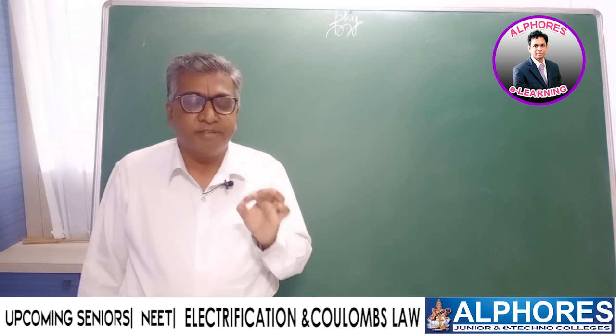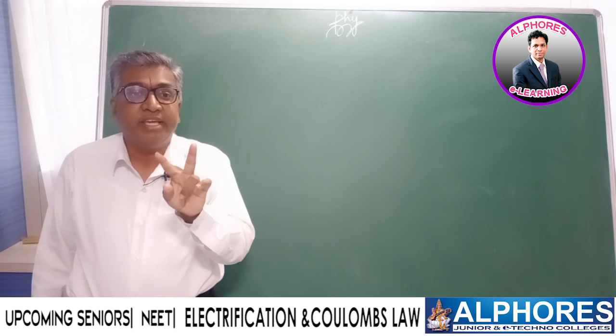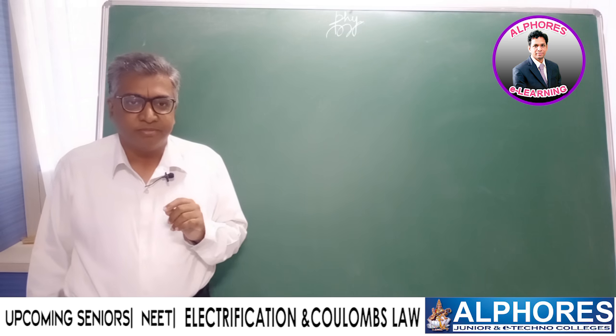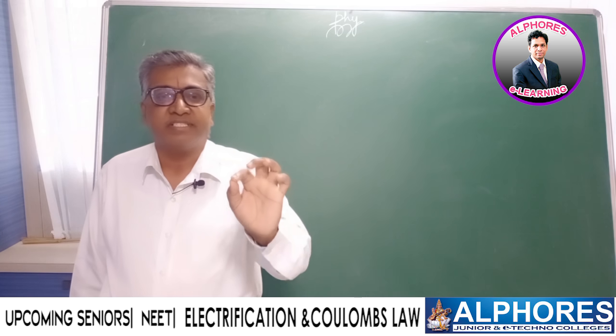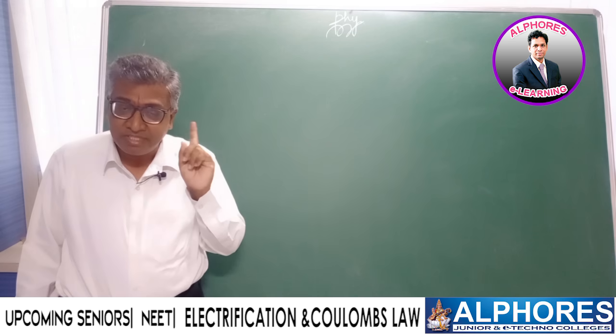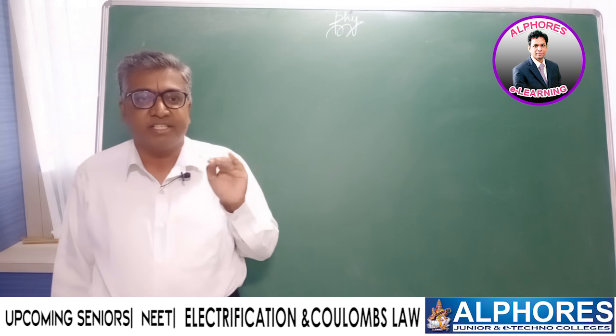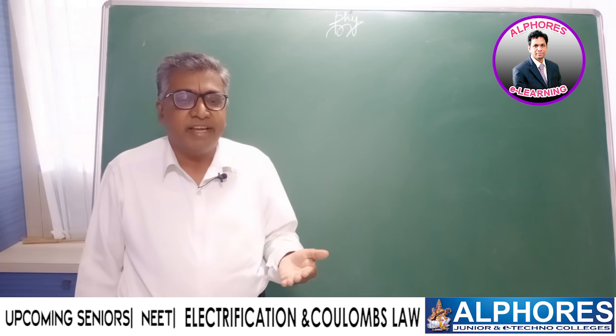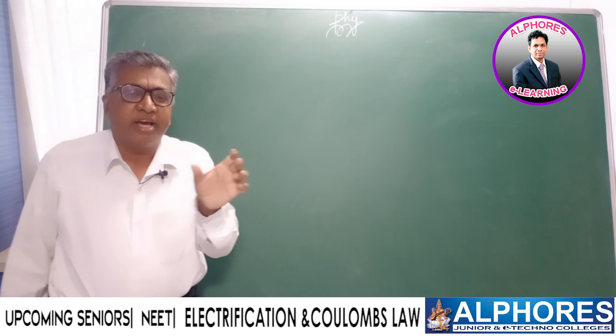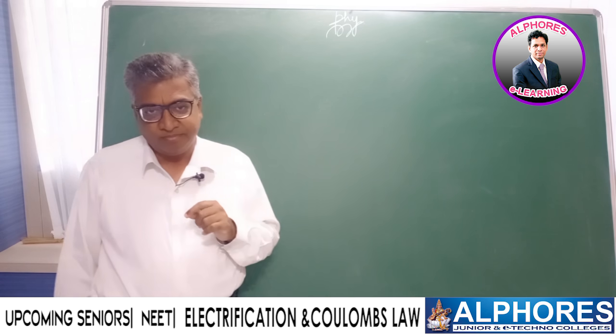In charging by friction, always 2 equal and opposite charges are produced, and in any process charge will be conserved, because we started with 2 neutral bodies, net charge is 0. Even after getting charged, positive plus q, another minus q, net charge is again 0, right?